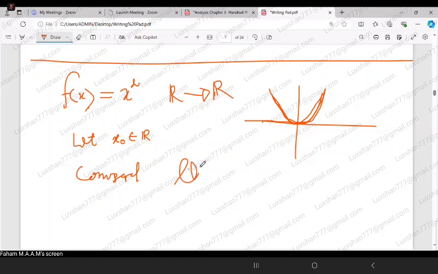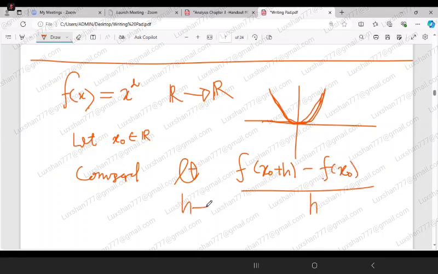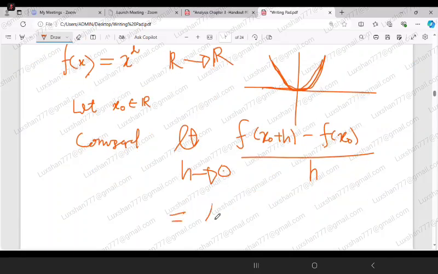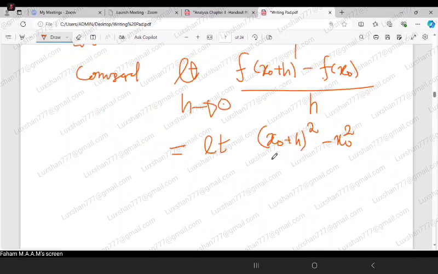Consider the limit of f of x naught plus h minus f of x naught over h as h tends to 0. So that is equal to the limit of x naught plus h all squared minus x naught squared over h as h tends to 0.